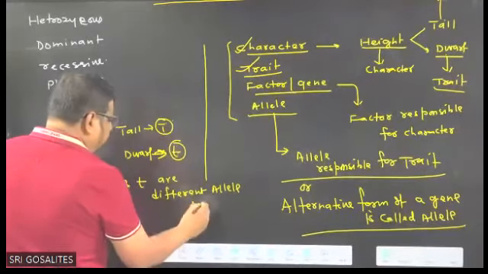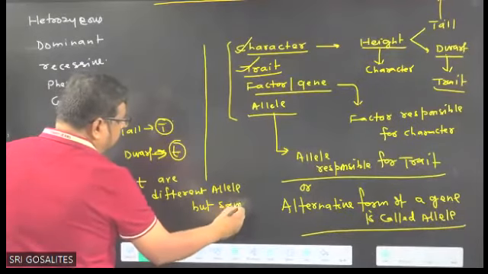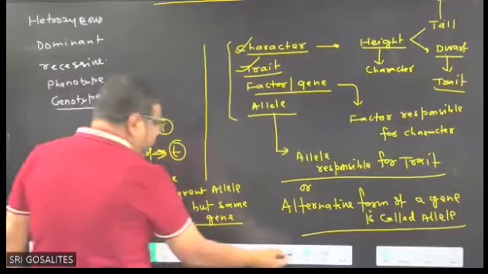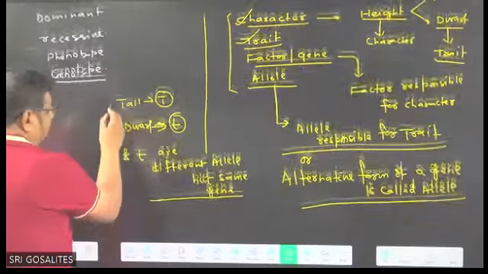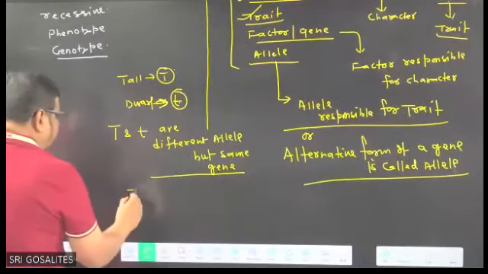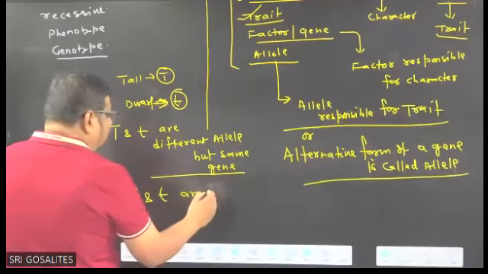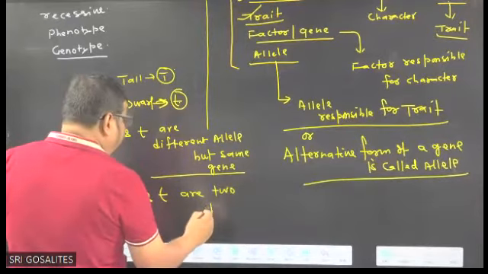You can also say capital T and small t are two different forms of the same gene.